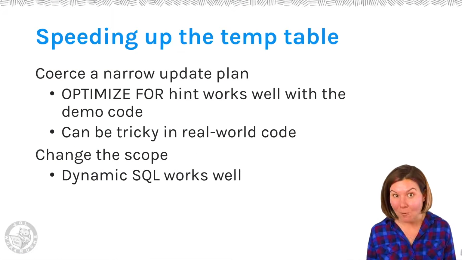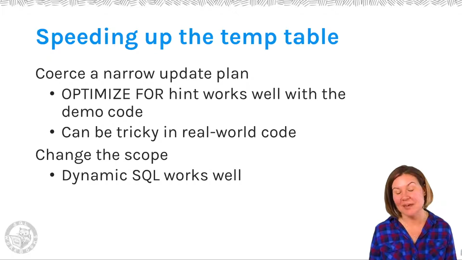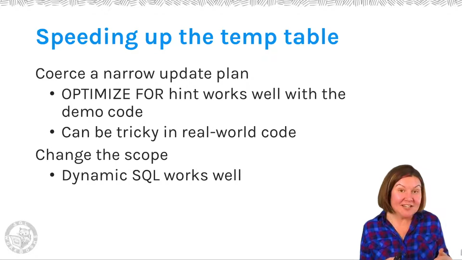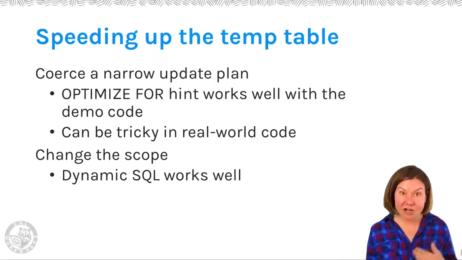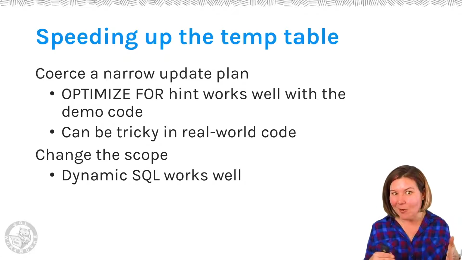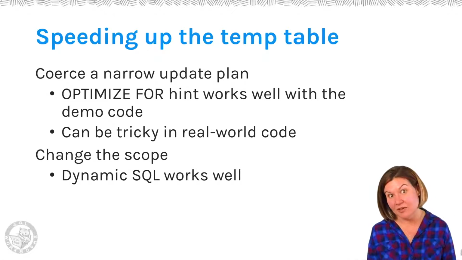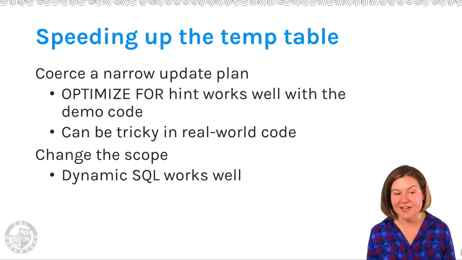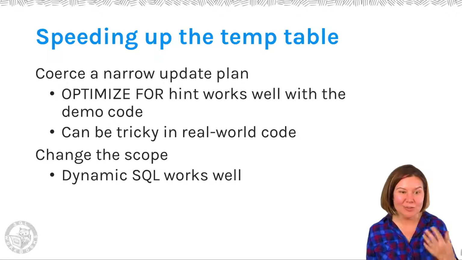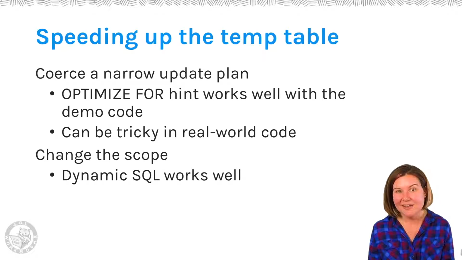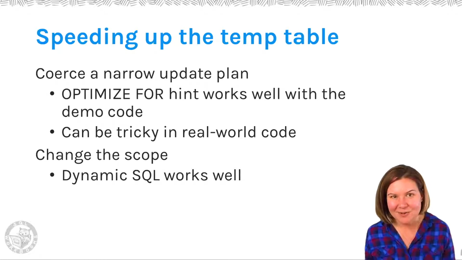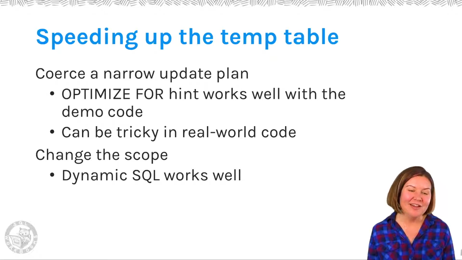Summing up what worked to speed up this temp table, we can coerce the narrow update plan, which in our testing for our code was always fast with our temp table, even in the context of a stored procedure. This can be tricky in real world code because with the OPTIMIZE FOR hint, there's not always an obvious value to optimize for in the real world.